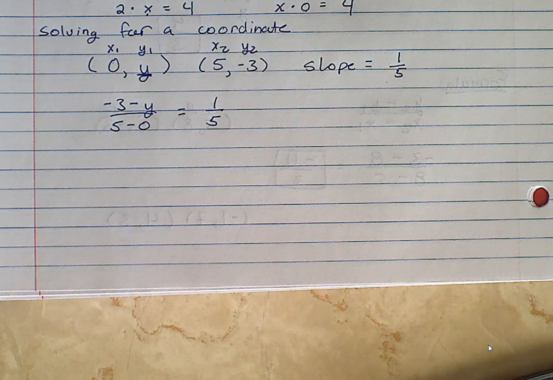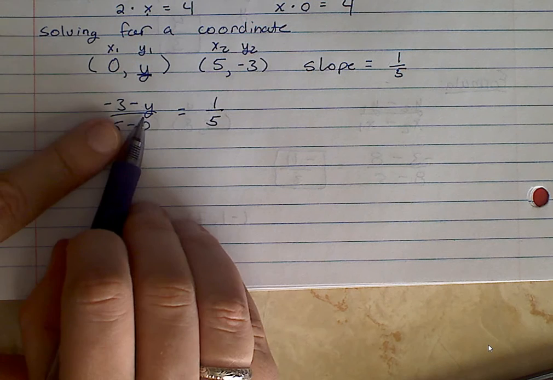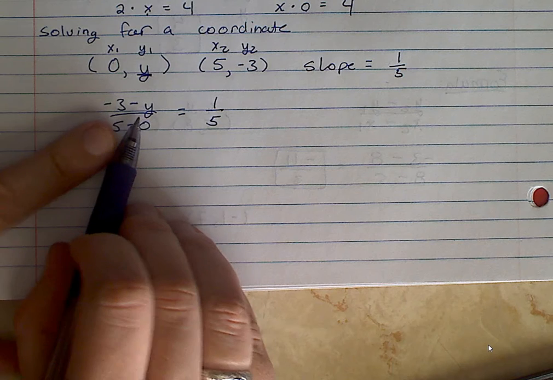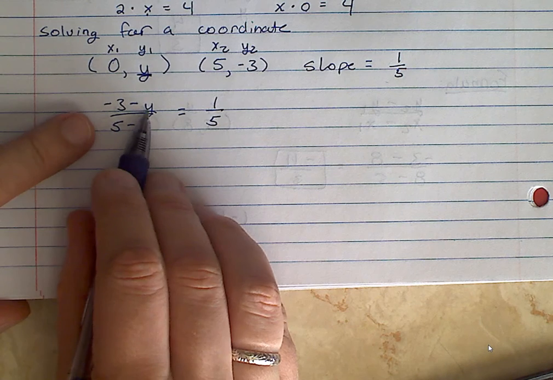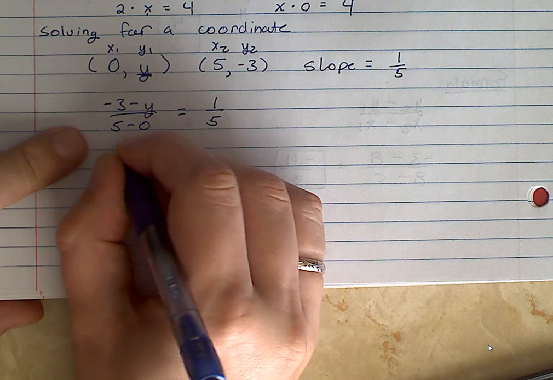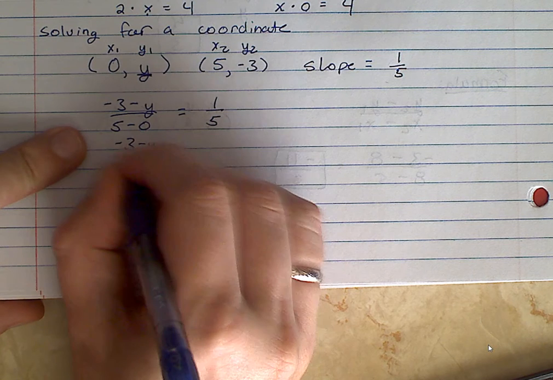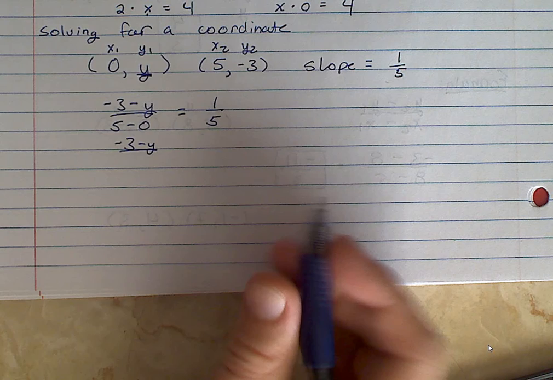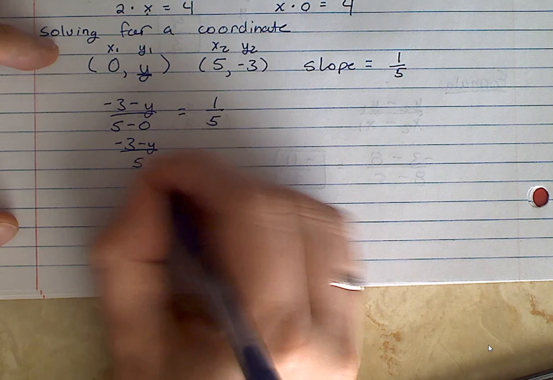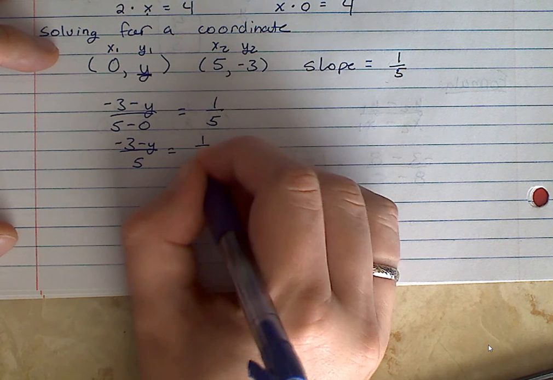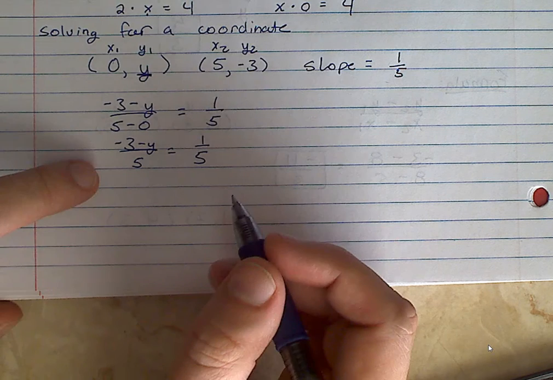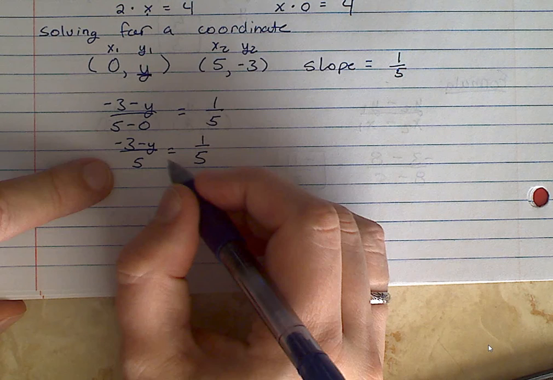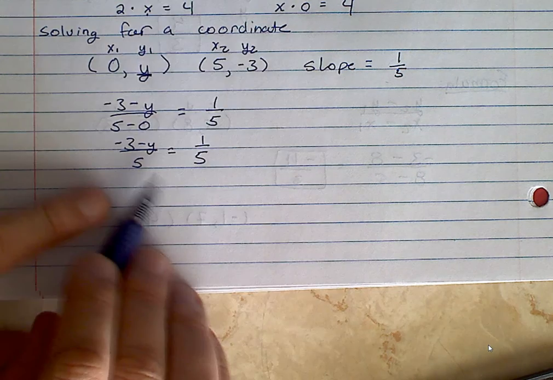All right, now I can't reduce the numerator any further, so negative 3 minus y, I'm going to leave it negative 3 minus y. But my denominator I can. What's 5 minus 0? 5. So this is negative 3 minus y over 5 equal to 1 over 5. Okay, hold on. So now, from here, this is like one of those problems I gave you guys last unit.